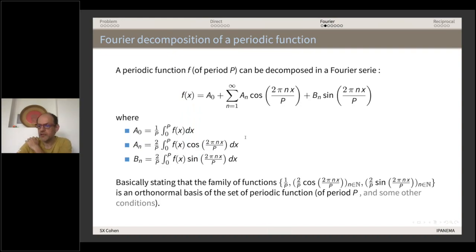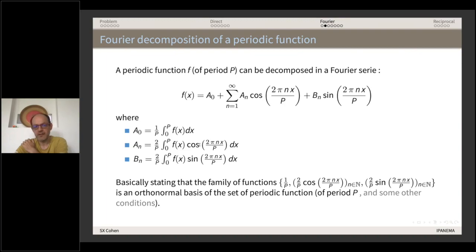Just to be clear, what we are doing now is to consider a vector space of functions which are periodic of period p, and we are defining a scalar product. The scalar product is a summation over a period, so it's 2 divided by the period, times the integral over the period of one function times the other function.